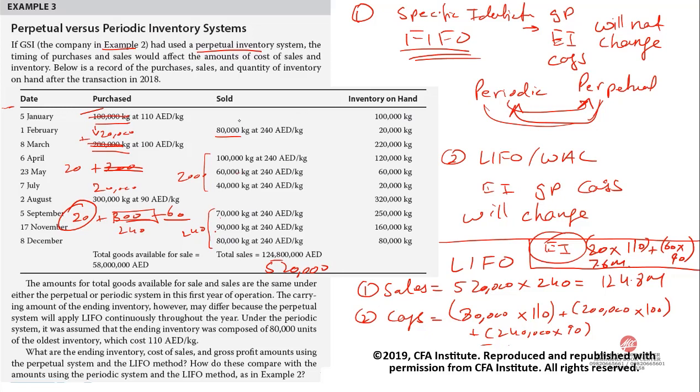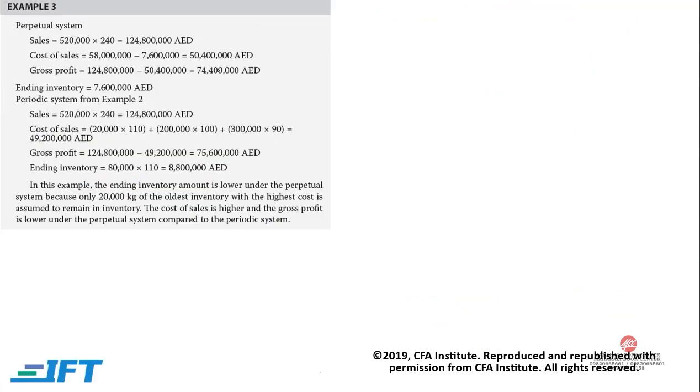As you recall, we started with 100,000, we sold 80, we were left with 20 because it is last in, first out. So out of this new purchase of 200,000, this 200,000 will be sold first, and then we are again left with 20,000 and we bought 300,000 more and we made a sale of 240,000. So out of this 300, 240 will go, we will be left with 60 and you will also be left with 20.